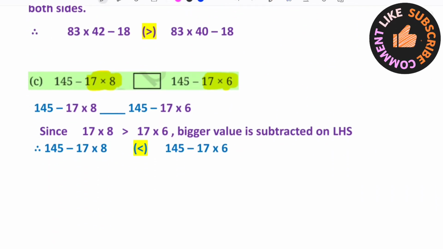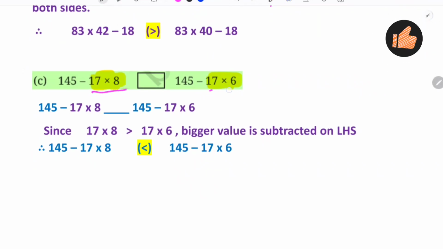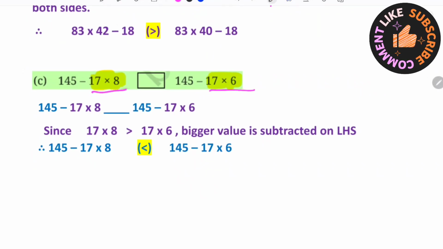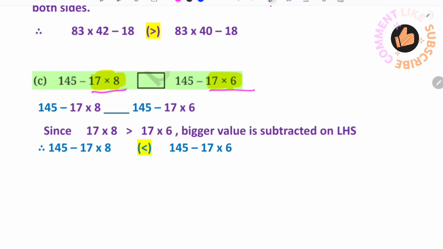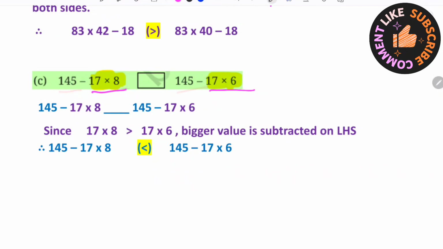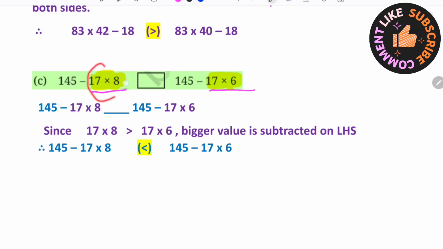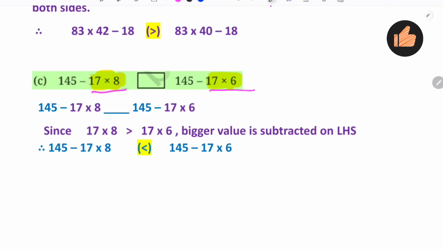Now in this case, if you see here, 17 multiplied by 8, 17 multiplied by 6. So the 145 on both sides is the same. So 17 multiplied by 8 is a bigger value. When you subtract a bigger value, you will get a smaller value. Right or not?